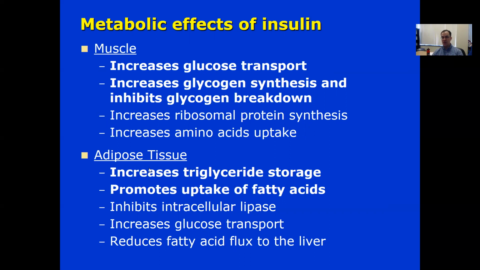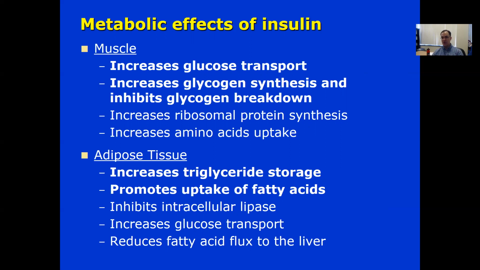So this is important. In adipose tissue, insulin is going to increase triglyceride storage, and it's going to promote uptake of fatty acids. And it also is going to prevent the breakdown of triglycerides. So again, insulin increases storage of nutrients and prevents the breakdown of nutrients.